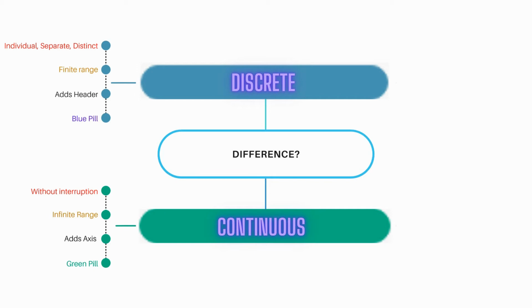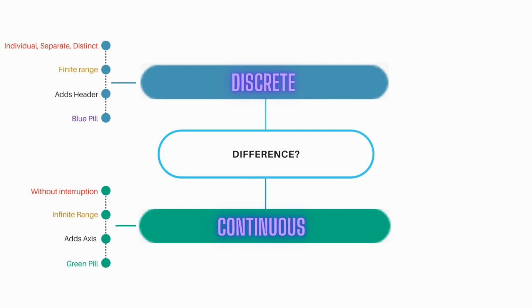It is an infinite range, has no limit. It adds the axis to the view and is represented with the green pill. I hope this explains the difference between discrete and continuous. Also, you can now differentiate your dimensions and your measures, whether they are discrete or continuous.